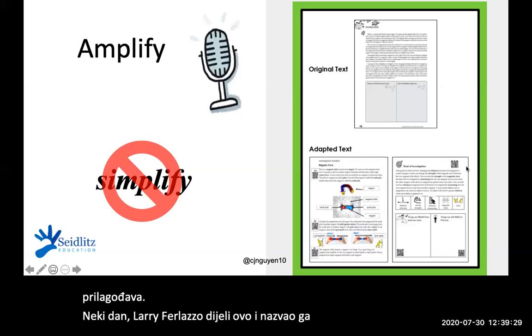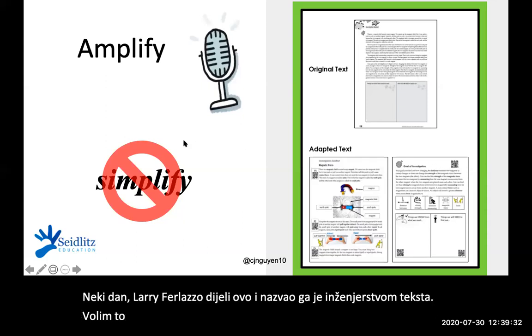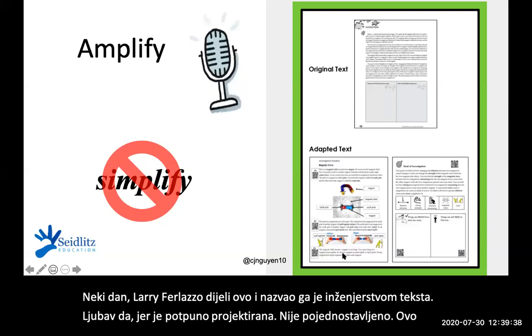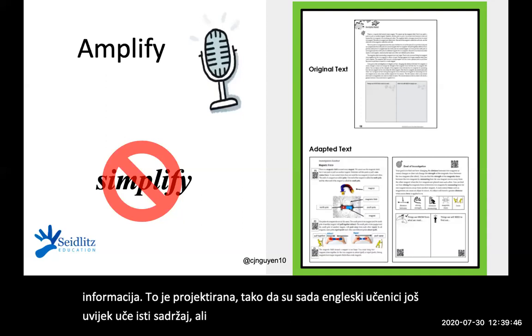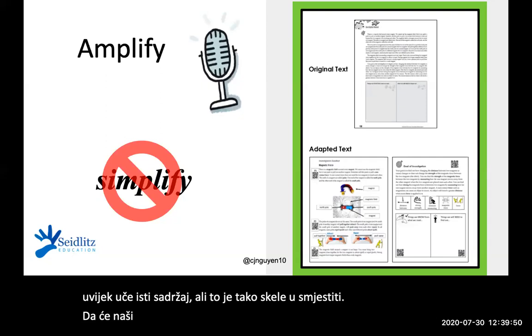Love that, because it is totally engineered. It's not simplified. This is the same information. It's engineered so that now our English learners are still learning the same content, but it's so scaffolded and accommodated that our students will be able to access the information.